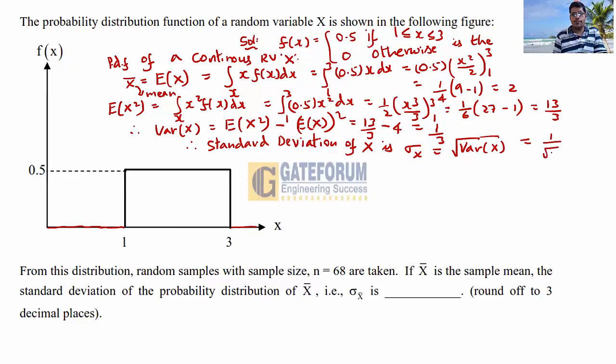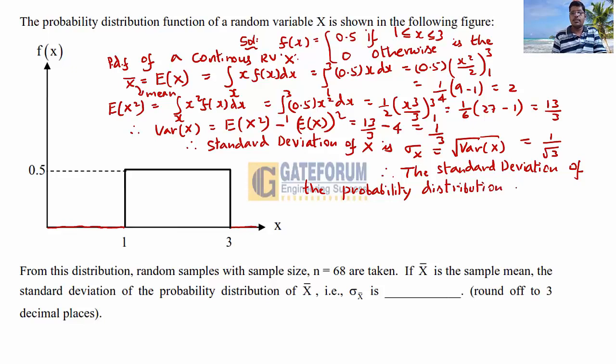Nothing but 1 by square root of 3. Therefore, the question requires the standard deviation of the probability distribution of x bar, that is sigma x bar.